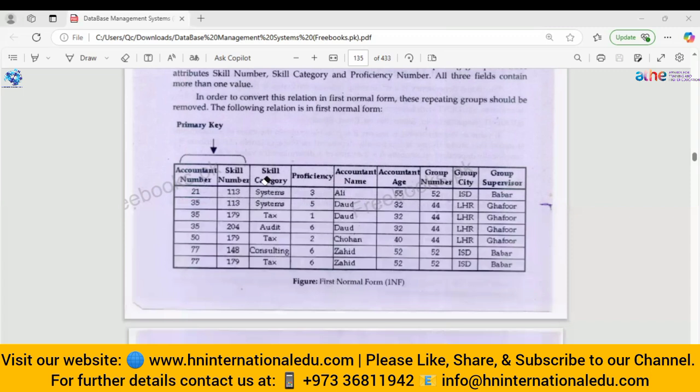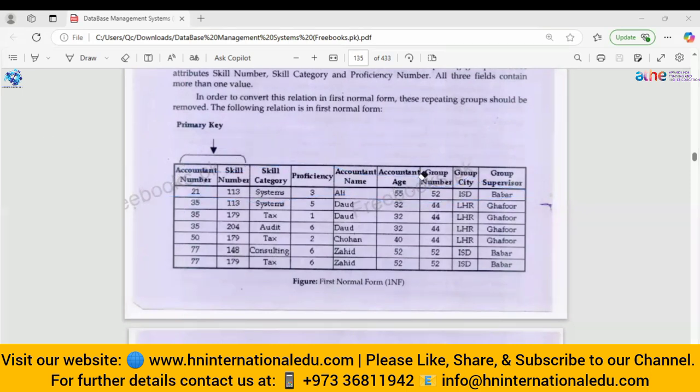Here, the accountant number is repeating multiple times, but we need a specific attribute that uniquely identifies the complete row in the table. So what does the complete row mean? This is the complete row that we need to uniquely identify.